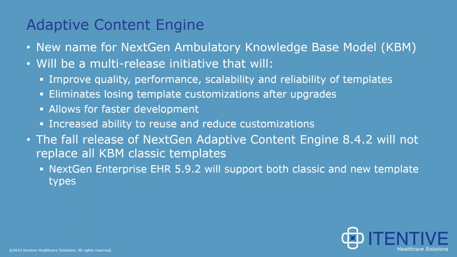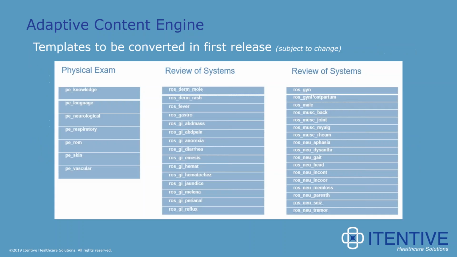This EHR 592 is actually going to support both the NextGen Adaptive Content Engine and KBM Classic templates side by side. So the plan is to have the two environments live together for several releases. This release will tentatively include 41 templates that will be converted to the new XAML format.